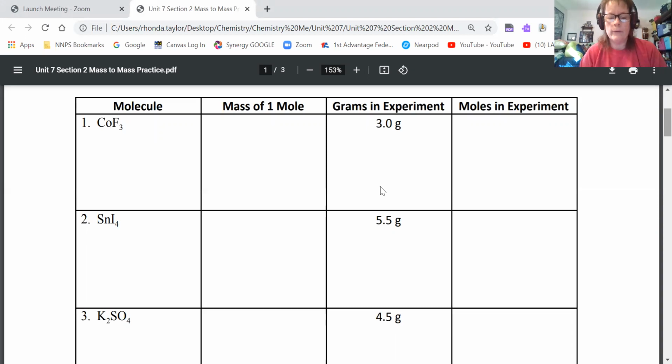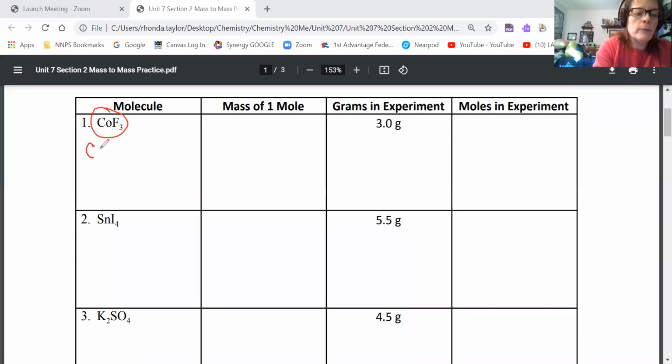Now this looks a little different from the sheet you saw because I've made it bigger, so I have space to write. But anyway, you are looking for the molar mass of each one of these compounds.